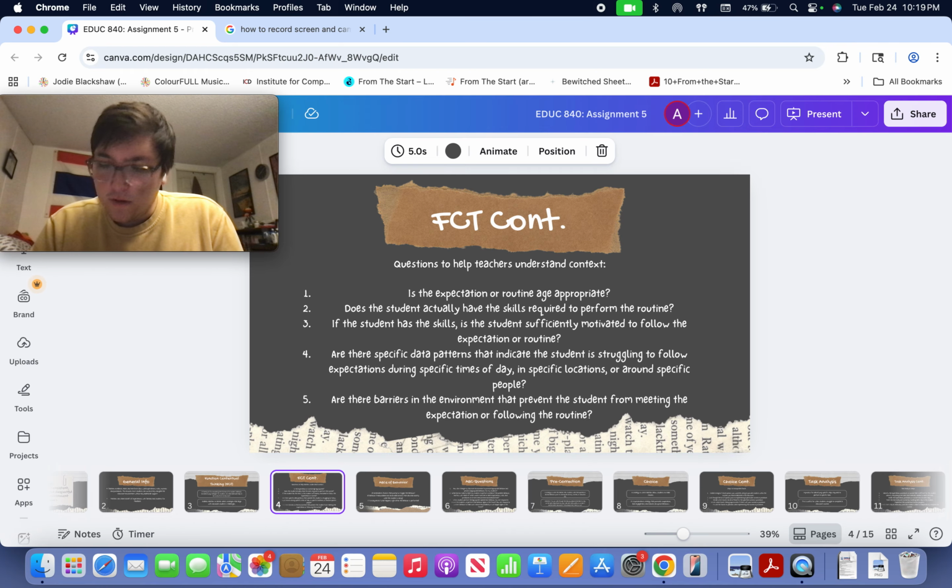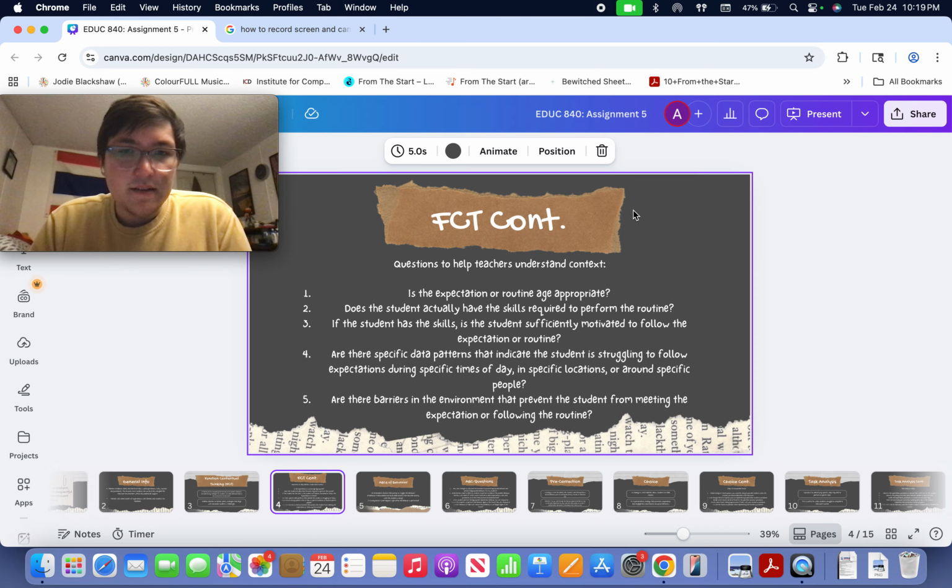Now, in order to do that, there are some helpful questions to guide teachers' understanding of context. One, is the expectation or routine age appropriate? Two, does the student actually have the skills required to perform this routine?